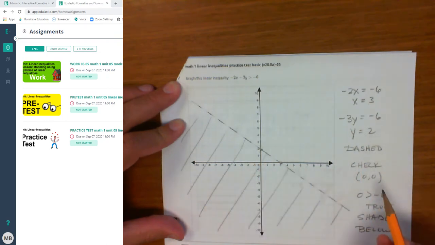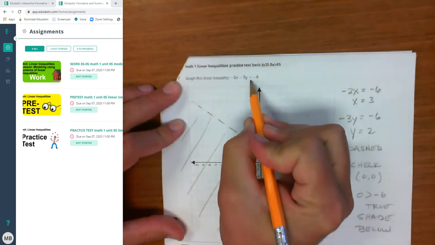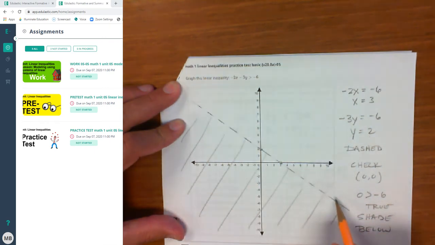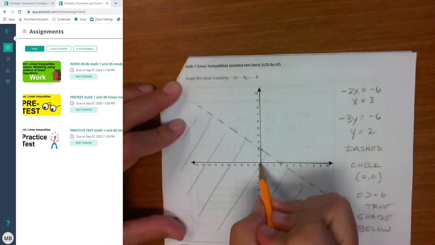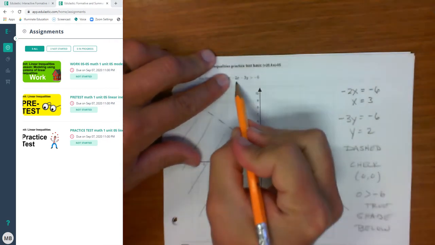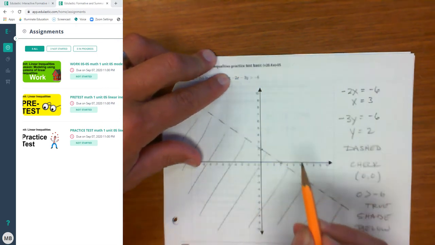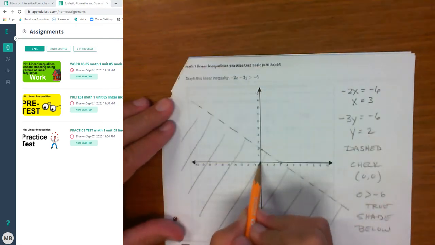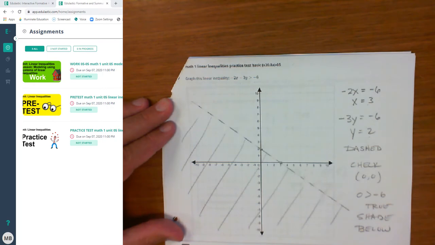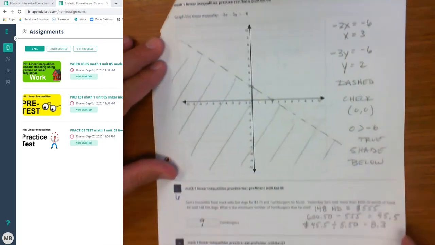It's a dashed line. How do I know it's dashed? Because it's just a greater than. Dashed line. And I test 0, 0. 0 is greater than negative 6, that is true, which means 0, 0 is true, which means I shade underneath it. Shade the true area.